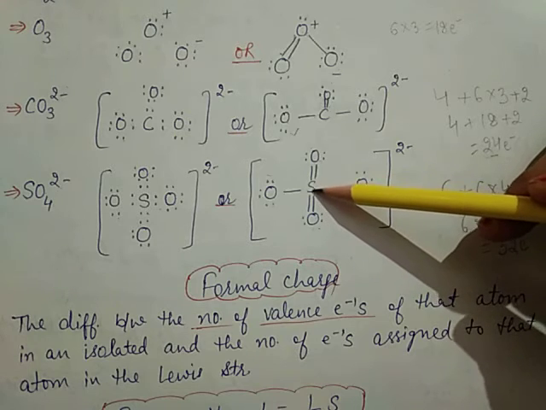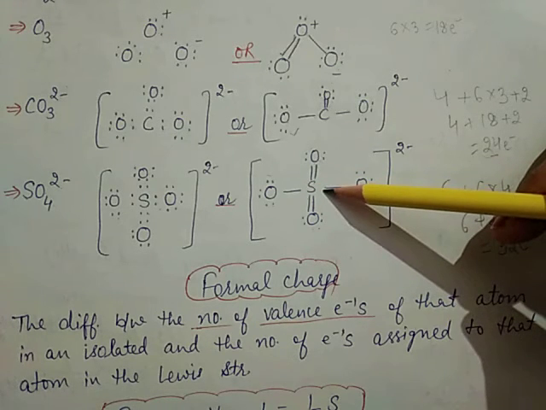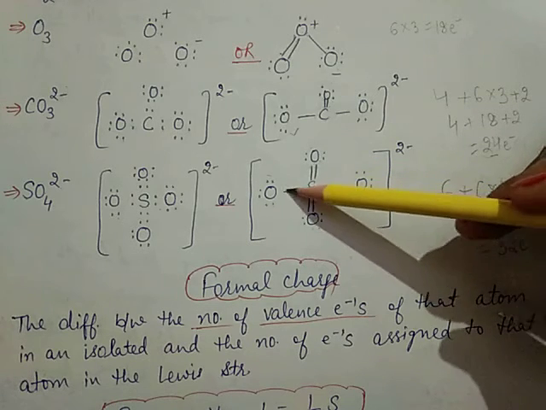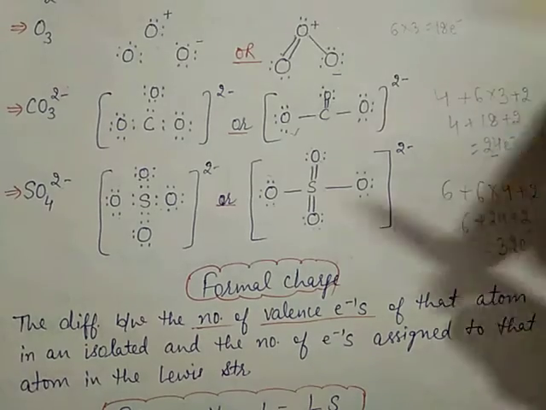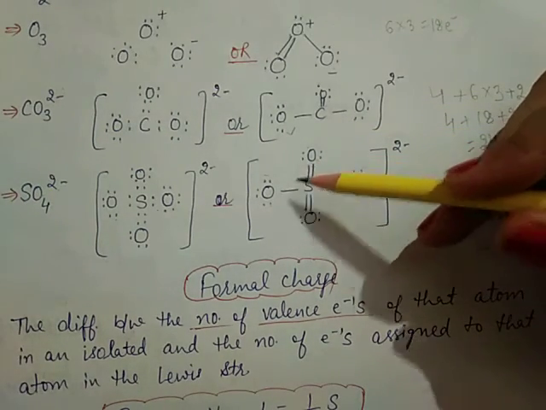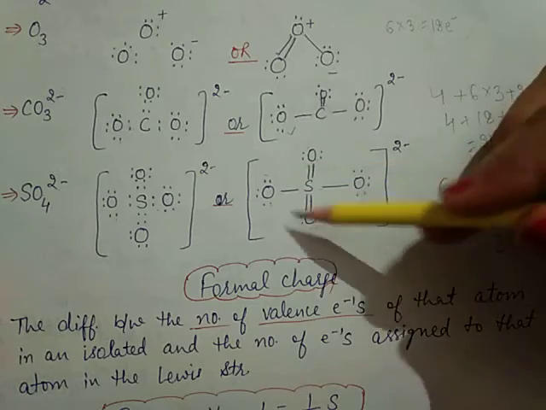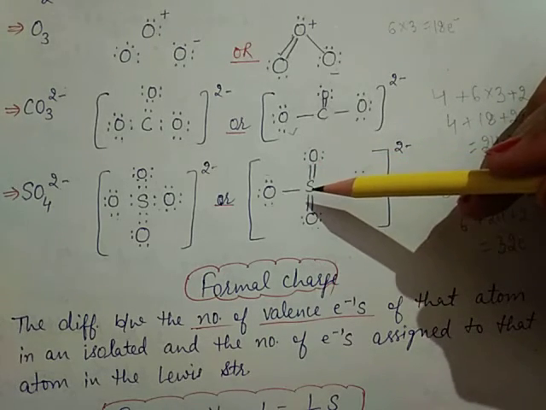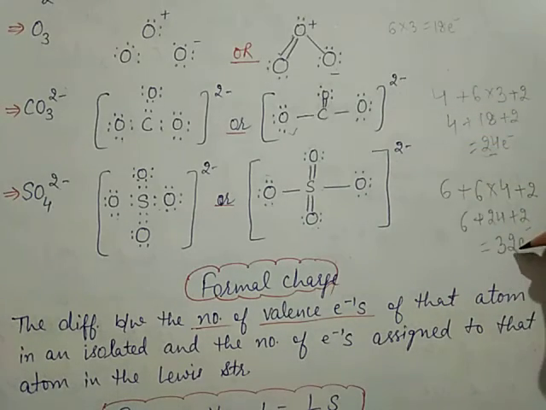So the sulfur octet is completed. 1 2 3 4 5 6, 1 2 3 4 5 6 7 8, 1 2 3 4 5 6 7 and 8. So after a single bond it will form an octet and have a 2 negative charge. So the total electrons are 32.